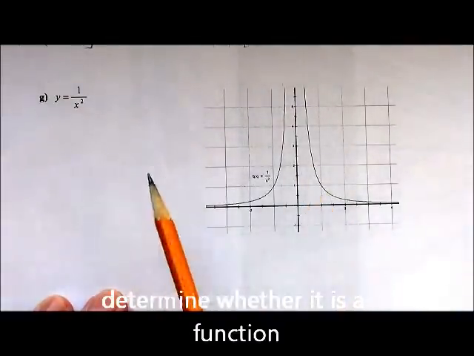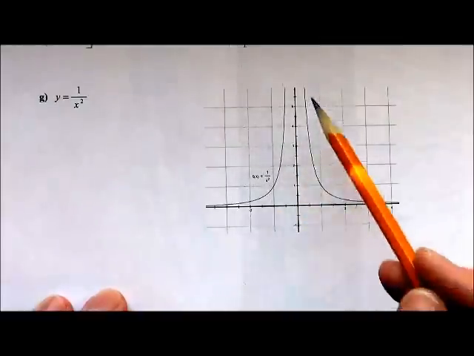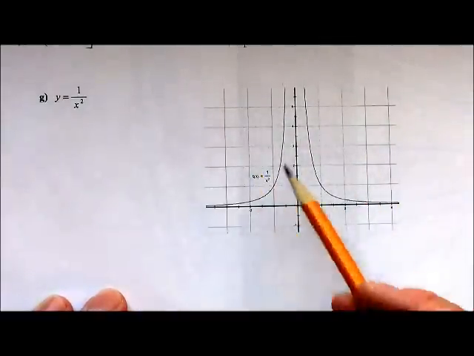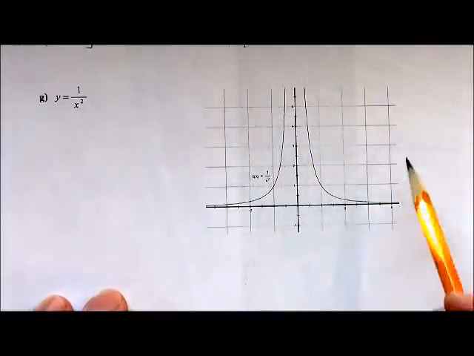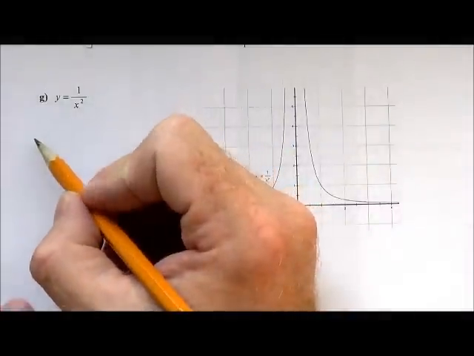Okay, so then using the vertical line test, we examine values of y in terms of values of x, and we see that there is only one y value for any x value. Therefore, this is a function.